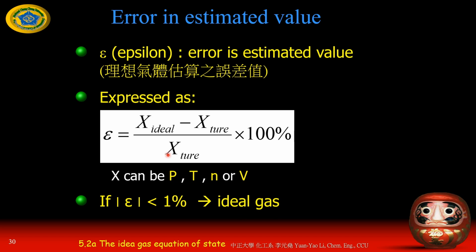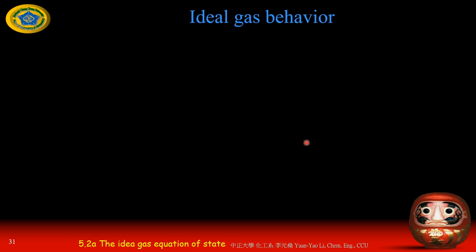For example, if you put pressure ideal minus pressure true divided by pressure true, times 100%, and epsilon is less than 1%, then this system is an ideal gas system. Or you can put the temperature or the volume here, right?